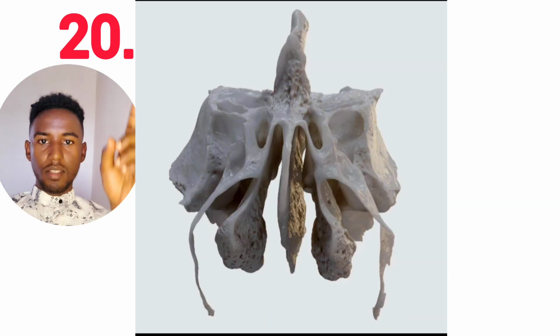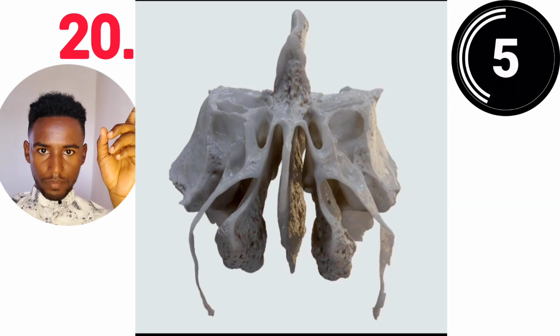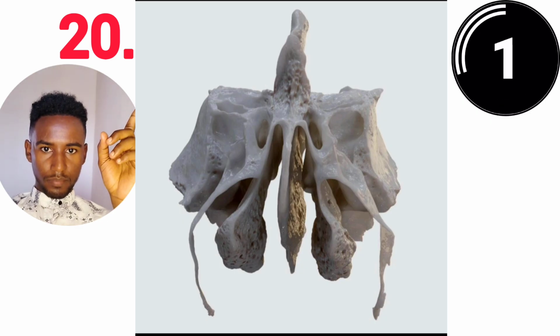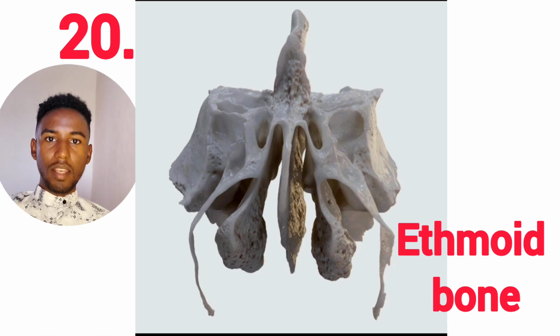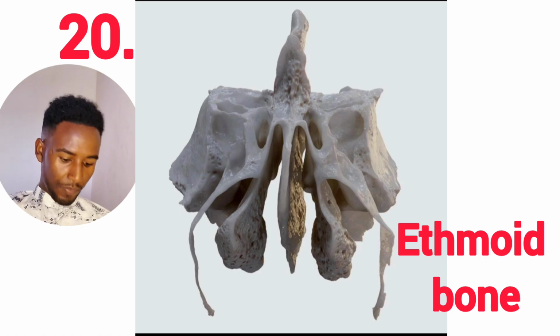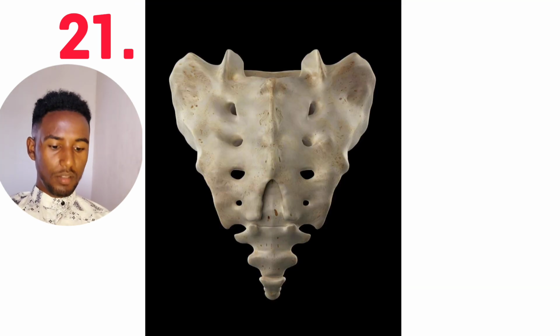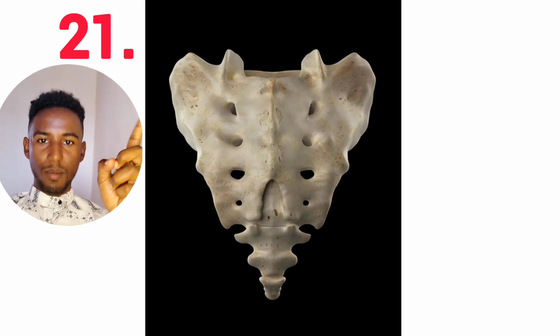What is this bone called? It is the ethmoid bone. Ethmoid bone contributes to the nasal cavity and orbit. Question number 21. Can you name this bone?